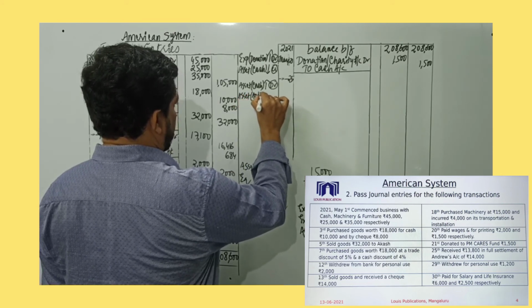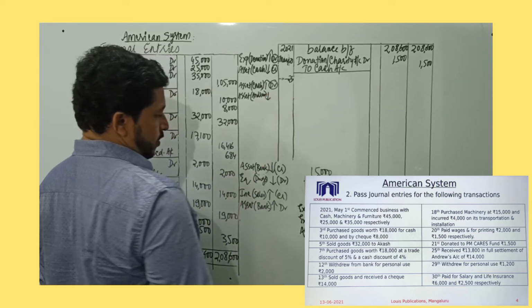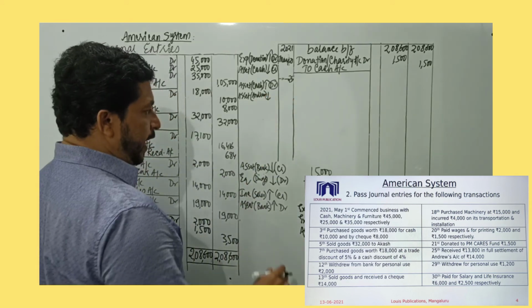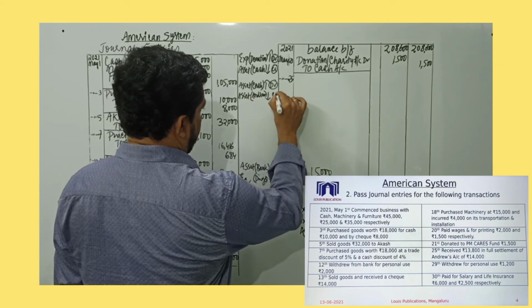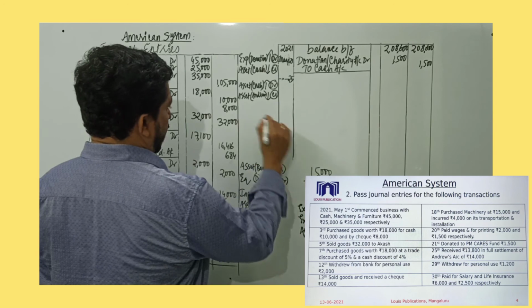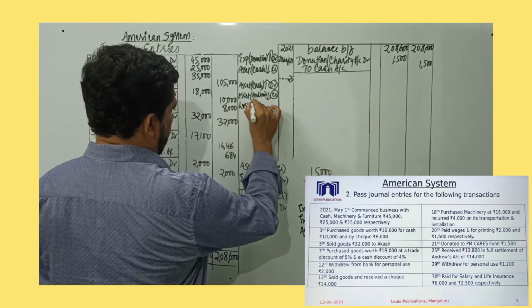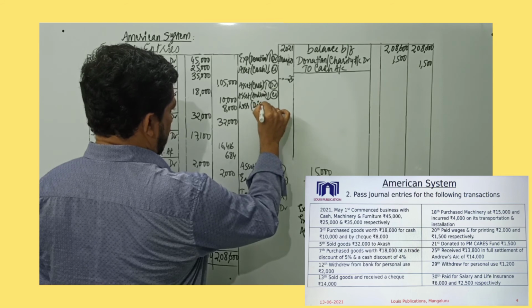Andrew's value now decreases because he has already paid money. Decrease in asset is a credit. And 200 rupees, that's a loss which we have not received, and that is discount.